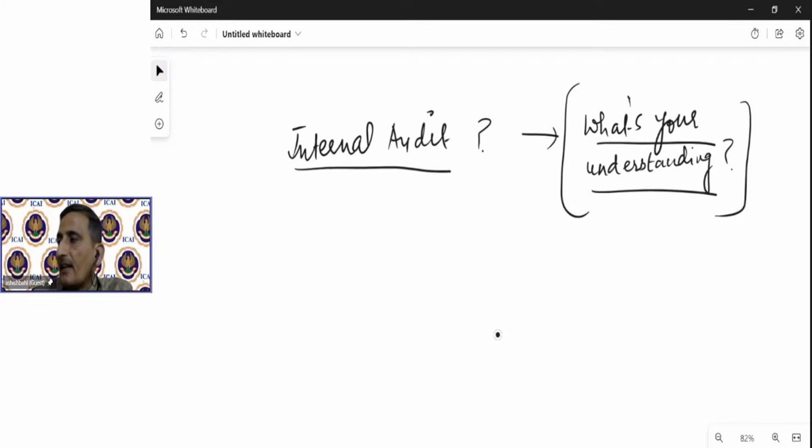Yes, guys. What is your understanding? Yes, Darshan, you are writing auditing by a person within the firm. Yes, to some extent it is true. It is partly true. Audit done by management of the company, that is a little bit off the mark. Himanshu, constant examination of books by management.